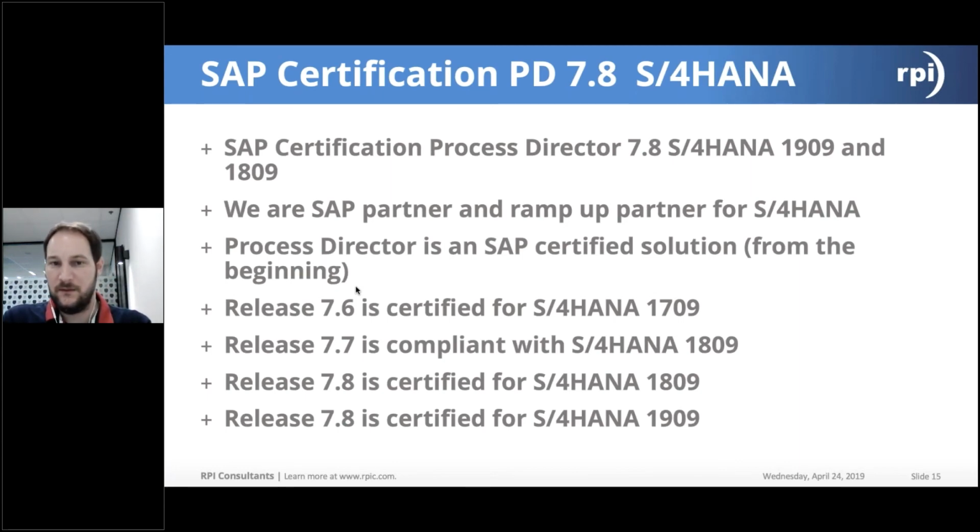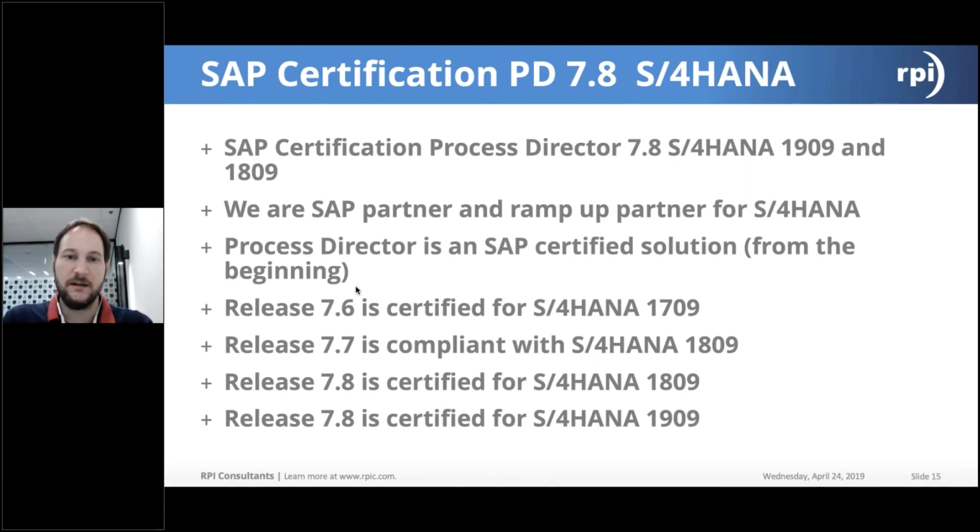What that means is that companies using these S/4HANA versions can now officially work with Process Director, as it's proven that it works and is certified with these two specific versions.